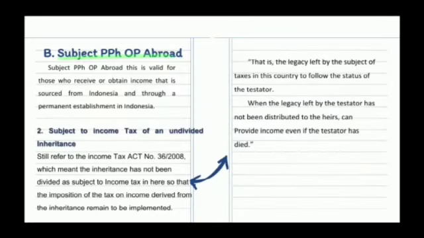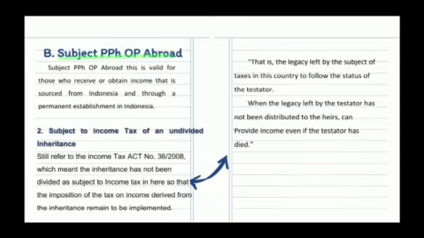B. Subject PPH-OP abroad, or subject income tax OP abroad. This is valid for those who receive or obtain income that is sourced from Indonesia and through a permanent establishment in Indonesia.